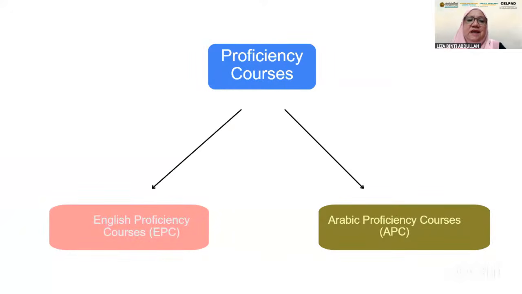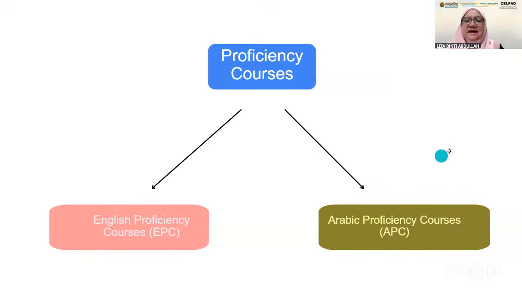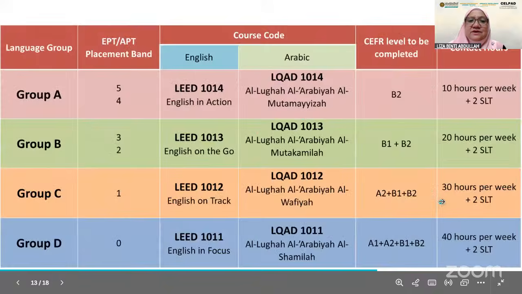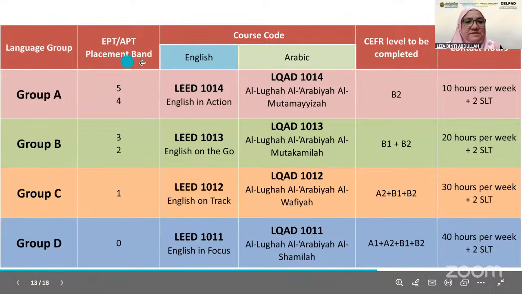Okay, so now let me go to the APC and EPC. This is the one that you should be more interested in at this point if you are doing English proficiency courses and also English Arabic proficiency courses. Now let's take a look at this table. You sit for your EPT, your APT. Let's say EPT first. You got a band, this one is the placement band.